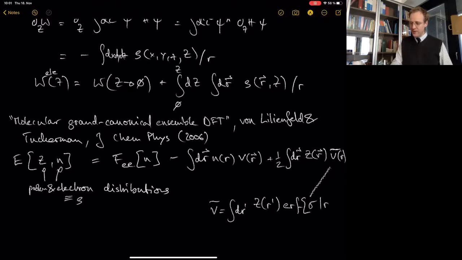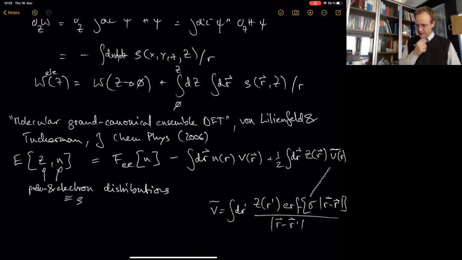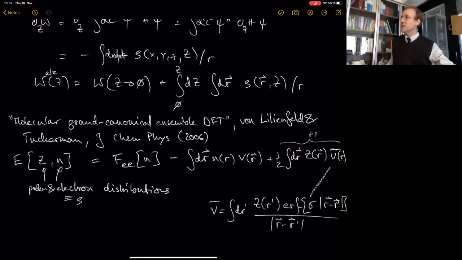So you typically have a width, and then R prime divided by the distance to each other. So that's a modified nuclear repulsion term. So basically you have an electron-electron interaction term here, a proton-proton interaction term, and the external potential term with the electrons.